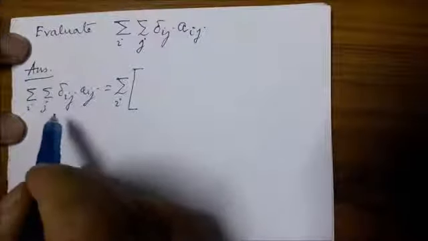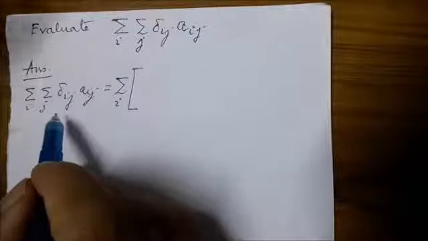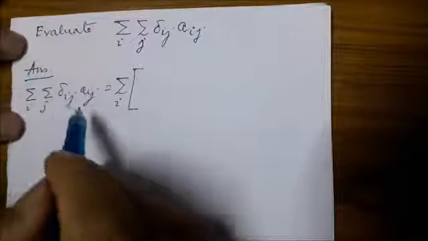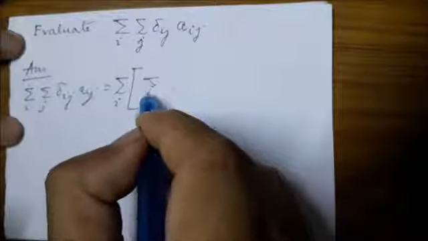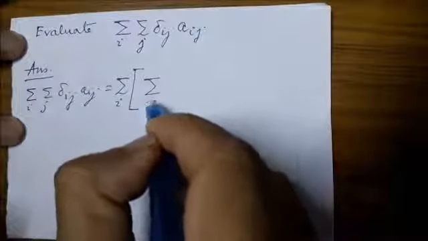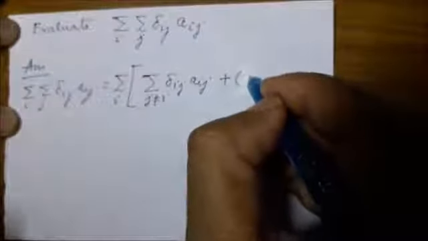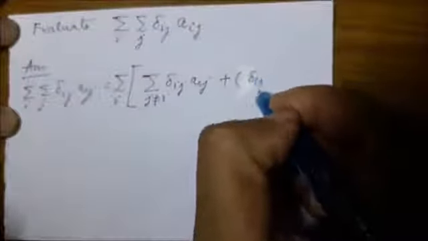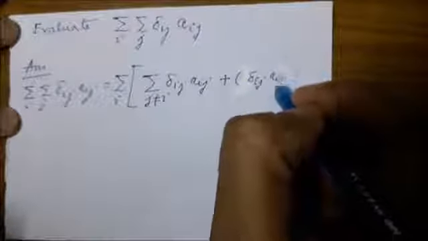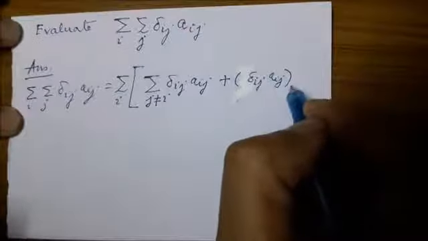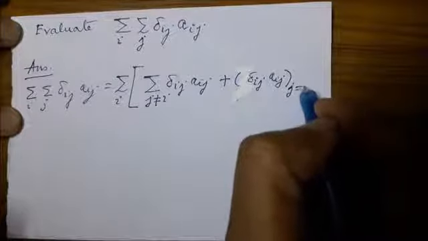Now when we perform summation over j, we come across two parts. One is summation over j not equal to i, and we'll have one term which is Kronecker delta ij, a_ij, but this corresponds to j equal to i.